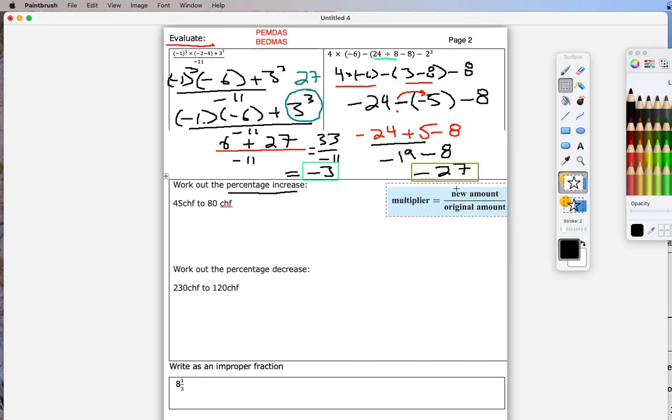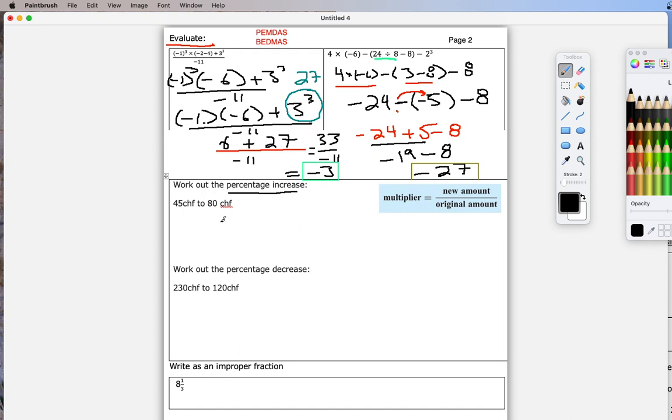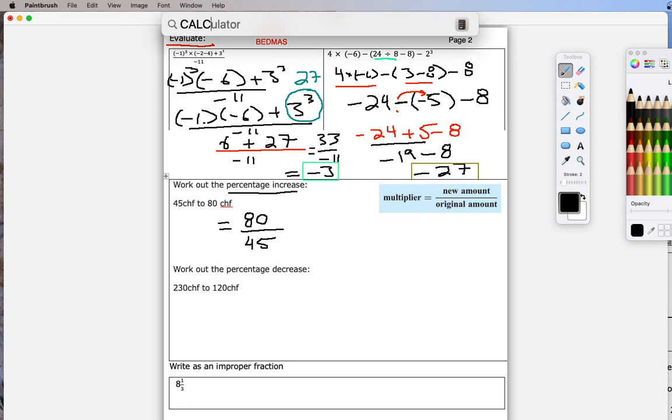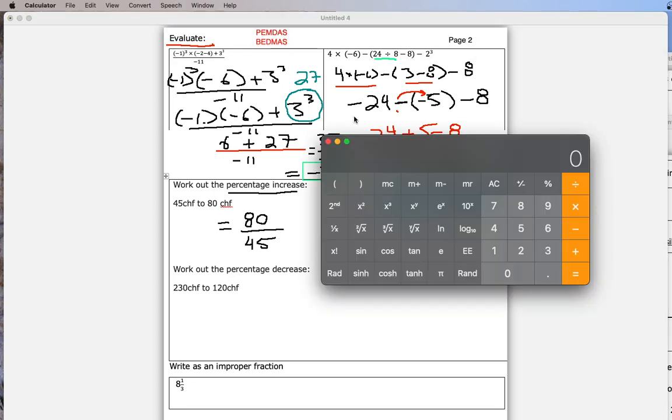So what we need to do is take the new amount. So the original amount was 45 franc. So I have to find my multiplier. So my new amount is 80, and my original amount is 45. So if we do that with a calculator, we can go 80 divided by 45.